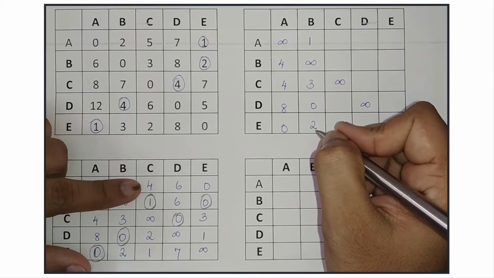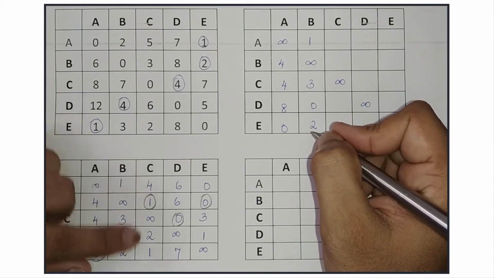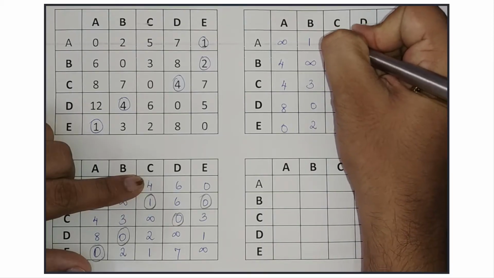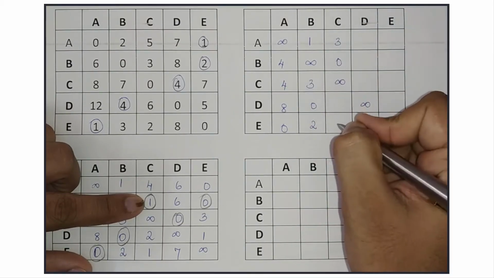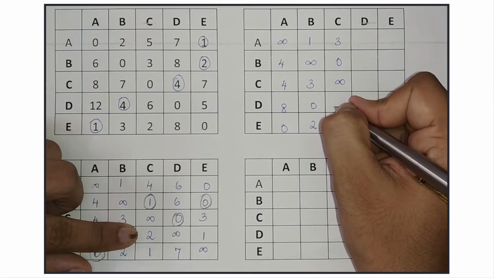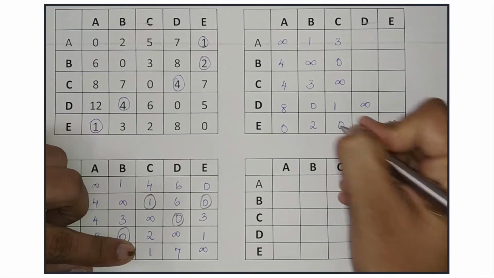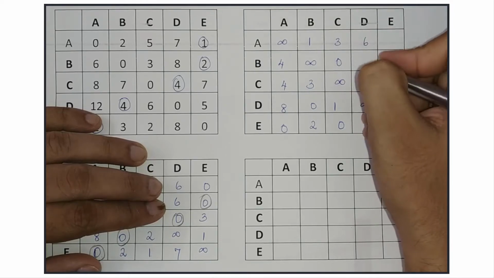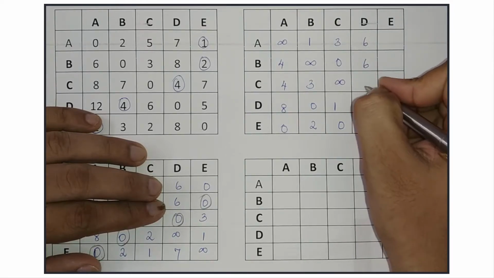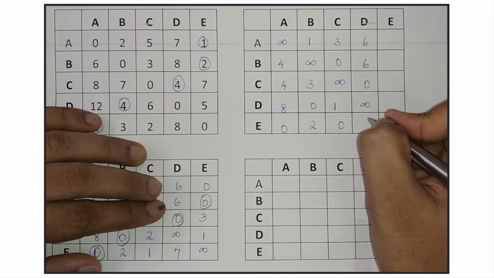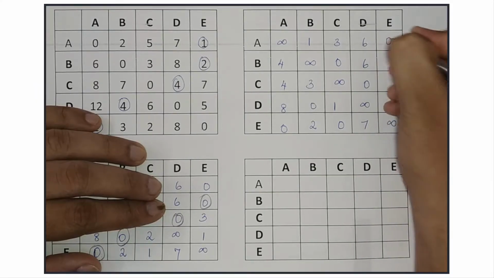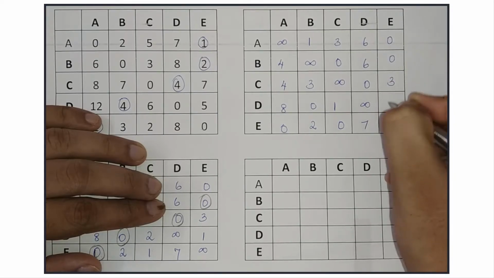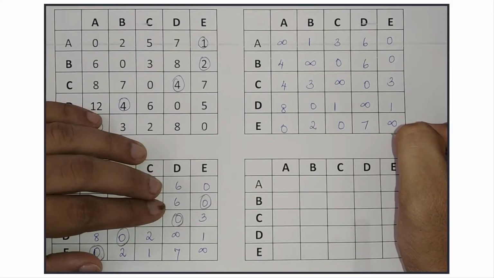Here there is a change. We have to reduce 1 from all these numbers. So 4 minus 1, 3, 1 minus 1, 0, 2 minus 1, 1 and 1 minus 1, 0. Now look into this, there is no change. 6, 6, 0, 7, 0, 0, 3, 1, infinity.